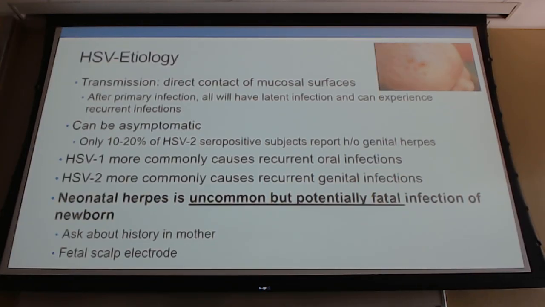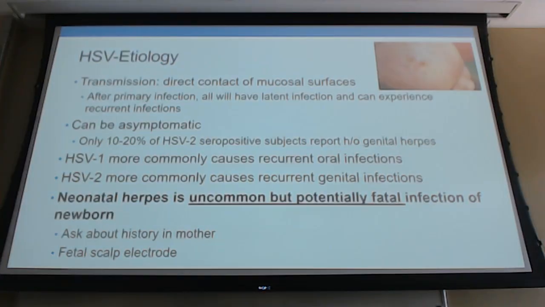Now think about if the mom has a vaginal delivery, and they go with that open area right past a lesion. That's a perfect transmission. So if you see fetal scalp electrode in a test question, they're trying to tell you, watch out for herpes. That is what that means every single time.